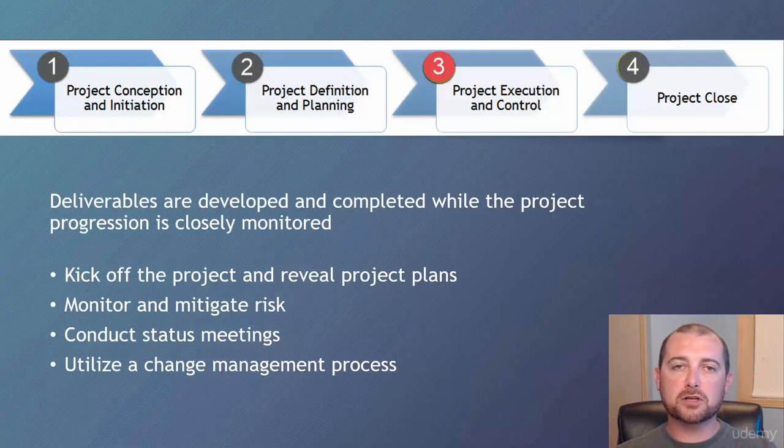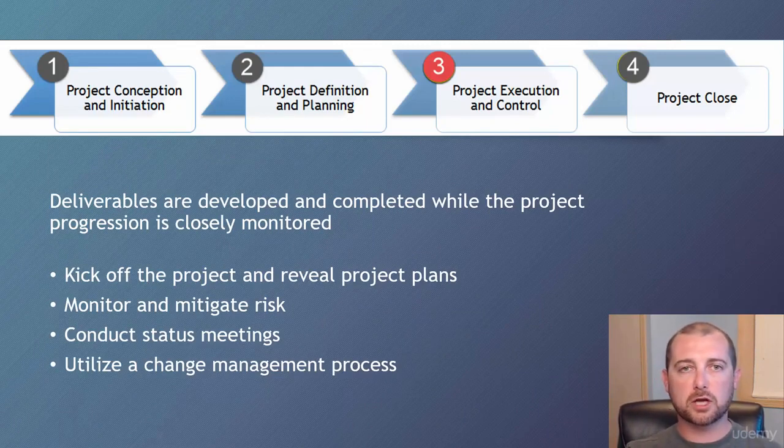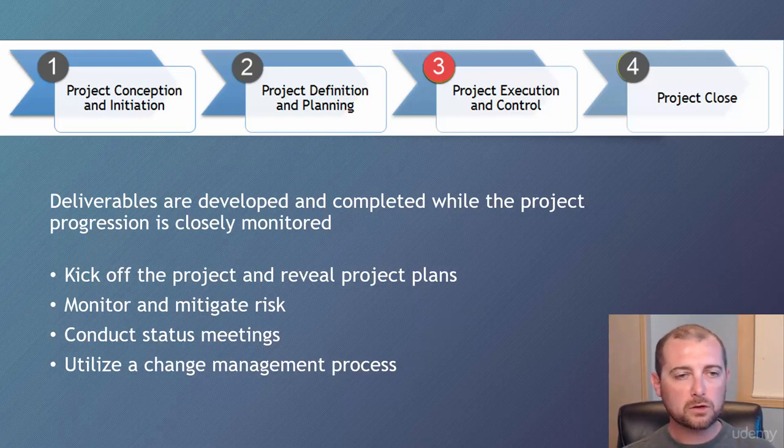To start off, project execution and control is all about driving the project towards those end deliverables, that end objective, while also monitoring and understanding where the project is at all times, understanding where all the pieces are and whether you're ahead, on target, or behind your schedule, where you're at with cost, all of that fun stuff. So there are 4 areas that we're going to cover as part of this stage.